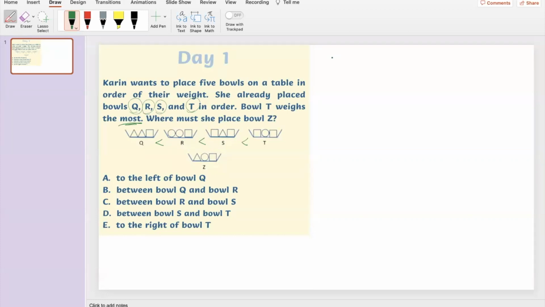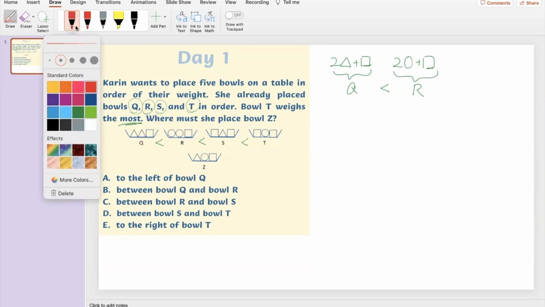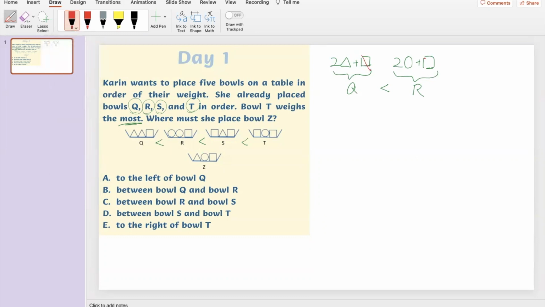We know that we have 2 triangles plus 1 square, which is our Q. And what do we have in R? So we have 2 circles plus 1 square, which is our R. And we know that Q is smaller than R, however, because they both have a square here, we can cancel our square.